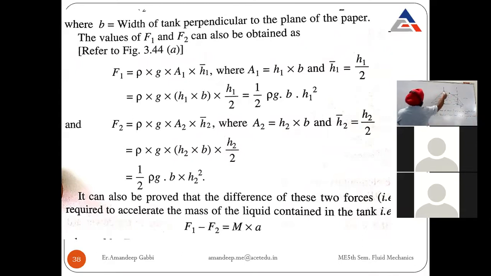Calculate force equal to area of triangle, say ABC.